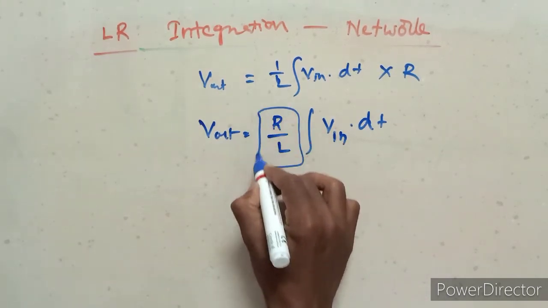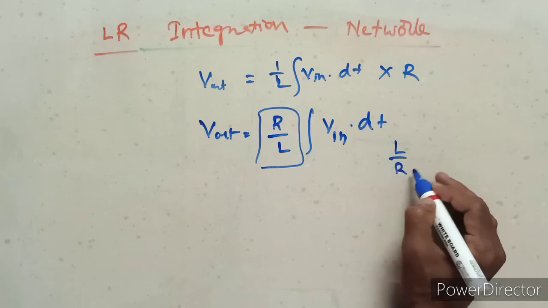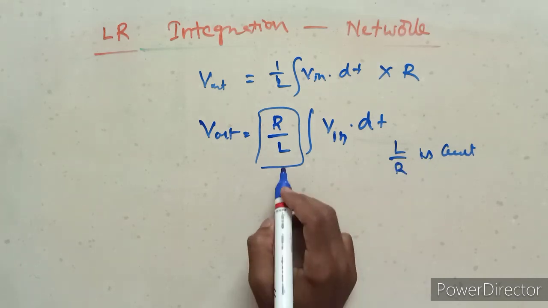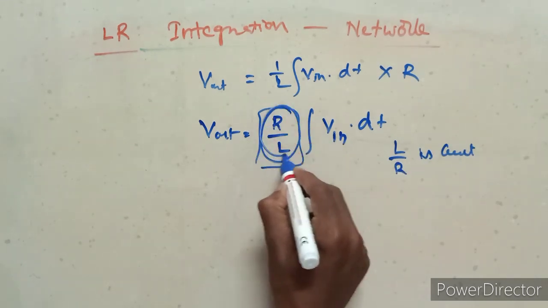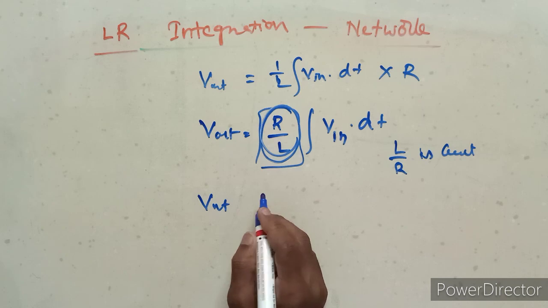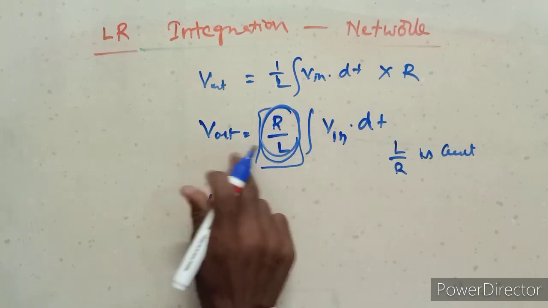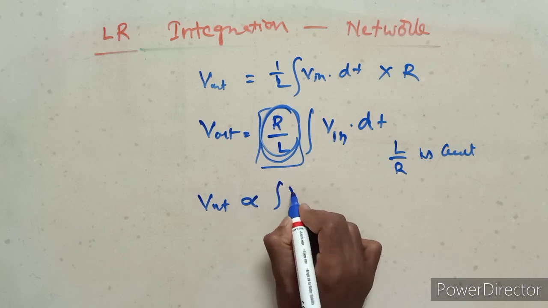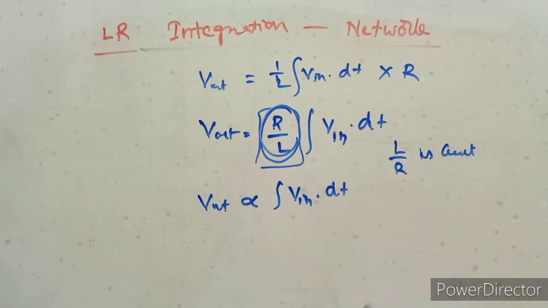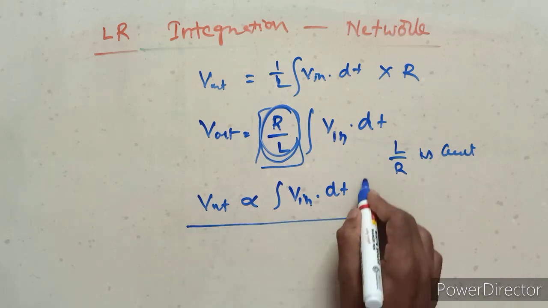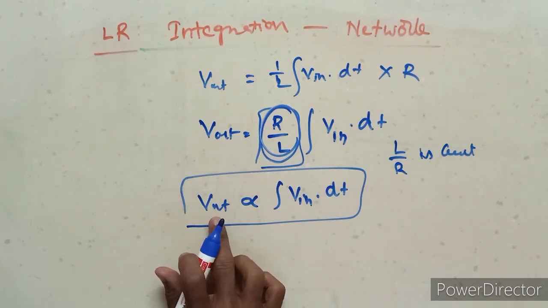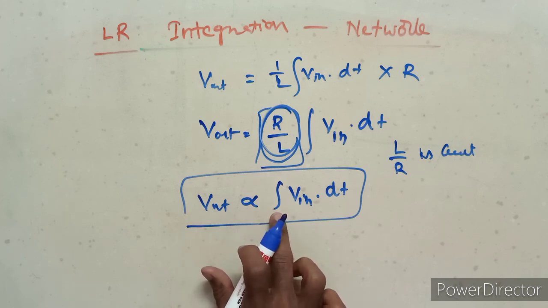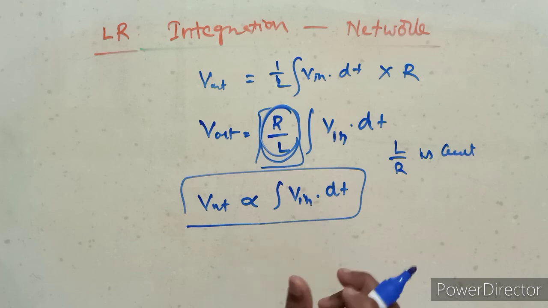Already we know that L by R is constant, then also R by L is constant. So this equation can be written as: the output voltage is directly proportional to the integral of input voltage dt.